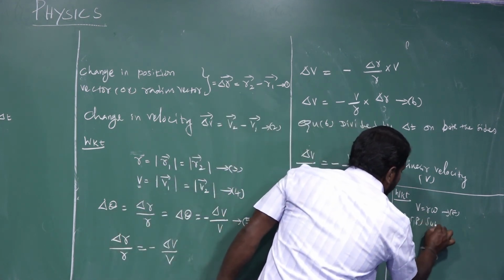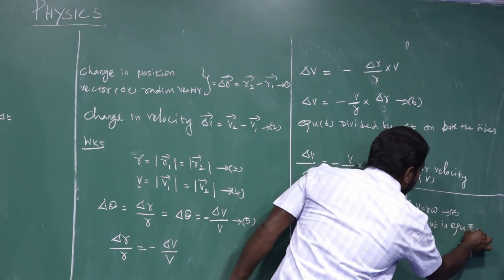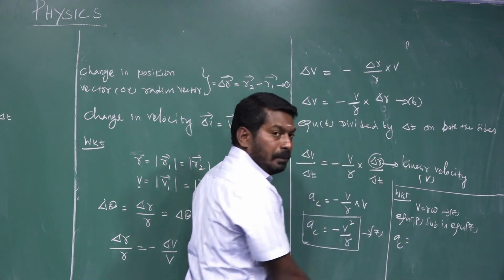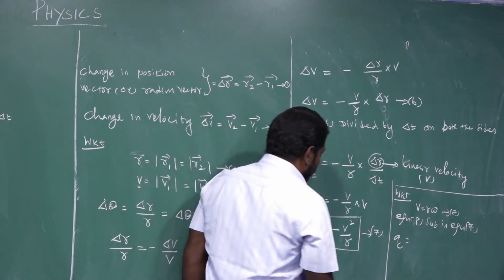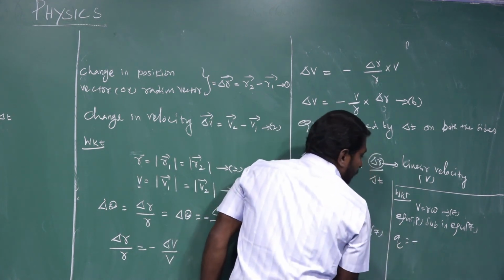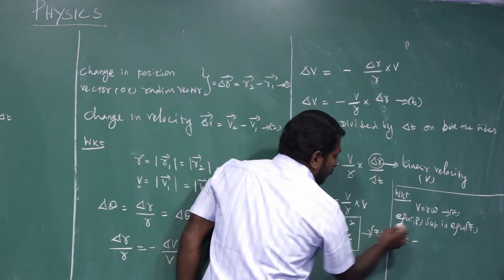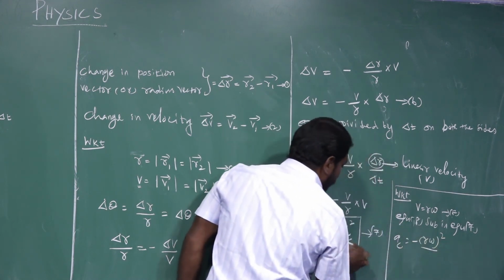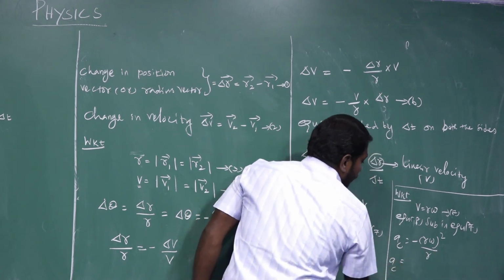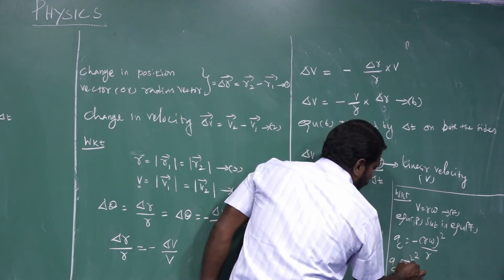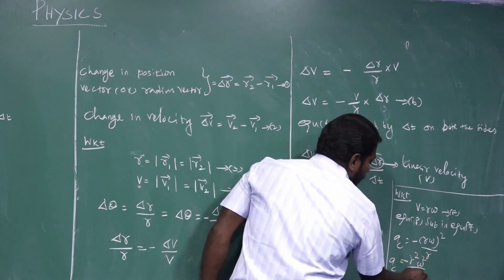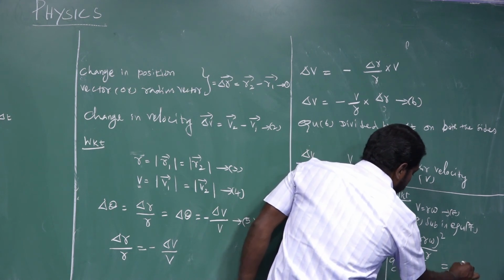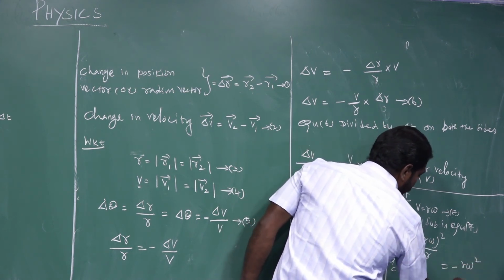The centripetal acceleration experienced by the point object in a uniform circular motion, AC, is equal to minus R omega whole square divided by R. Then AC is equal to R square omega square divided by R, which cancels to minus R omega square.